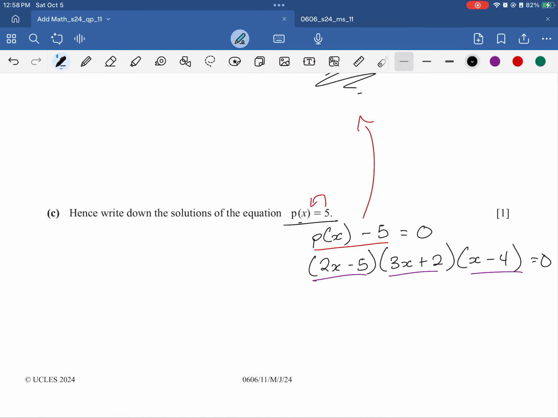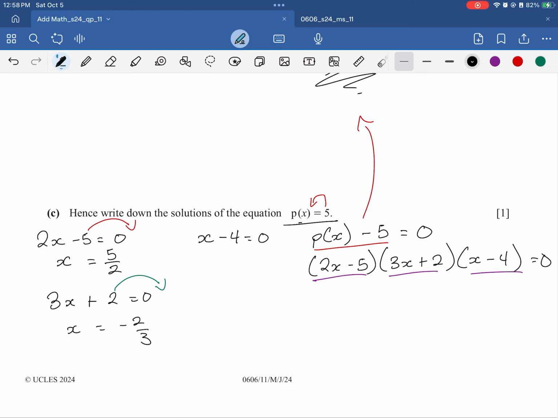So you can say 2x minus 5 equals 0, which is x equals, if you move 5 to this side, 5 over 2. Or 3x plus 2 equals 0. You have x equals minus 2 over 3. Move 2 to this side and divide by 3. Last but not least, x minus 4 equals 0, or x equals 4.